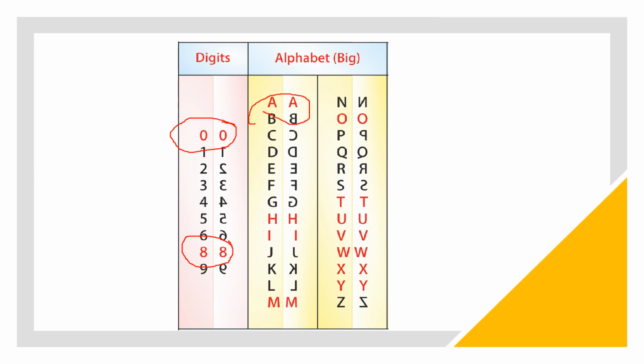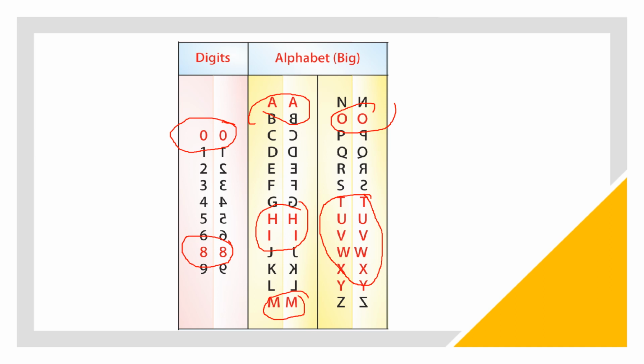Among the alphabets, A, H, I, M, O, and T to Y are identical.